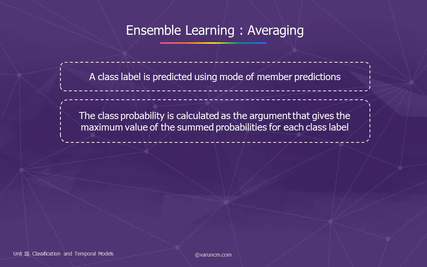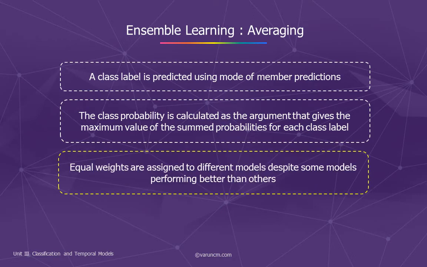So argmax is the argument that gives the maximum value of the summed probabilities. And in this average, you are assigning equal weights for all the methods or models which are being used.